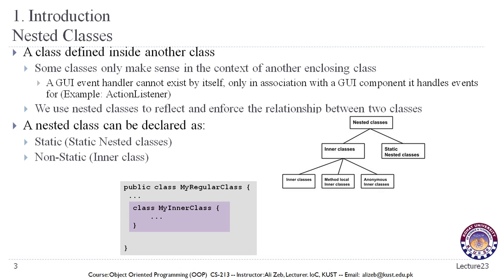A typical example of a nested class is where we have an outer class and an inner class inside the outer class, as we can see over here. So this is our regular class, and this is an inner class defined within our regular class.